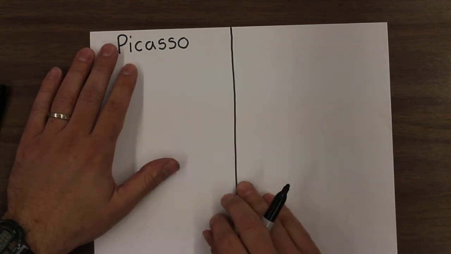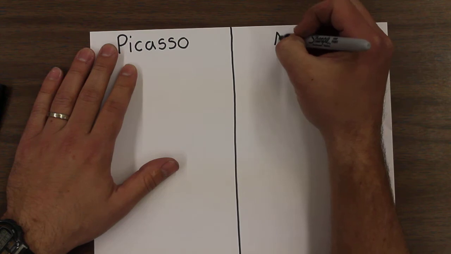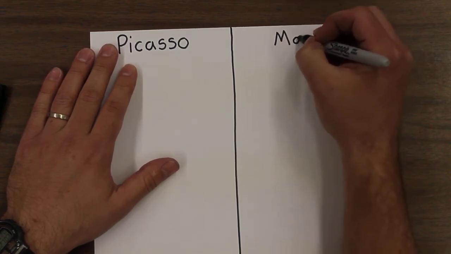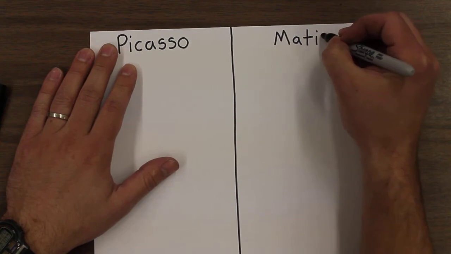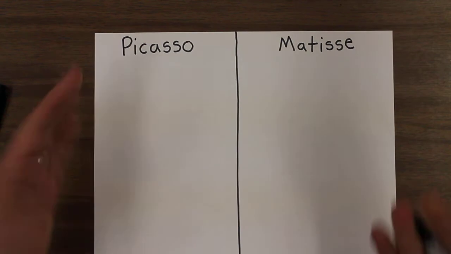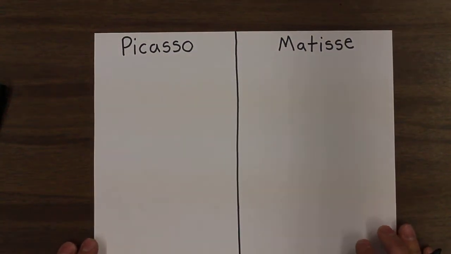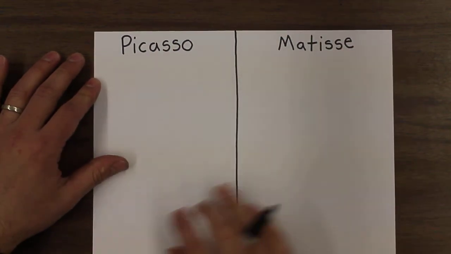On the right side, I want you to write Matisse, and that's spelled M-A-T-I-S-S-E. And his first name was Henry. These are very well-known artists, Pablo Picasso and Henry Matisse.